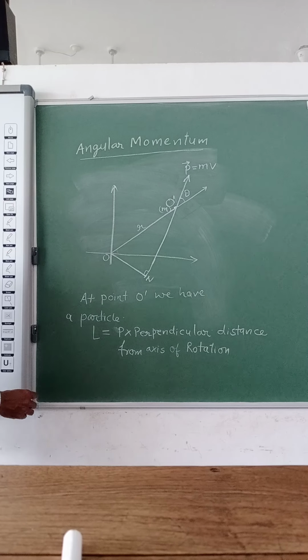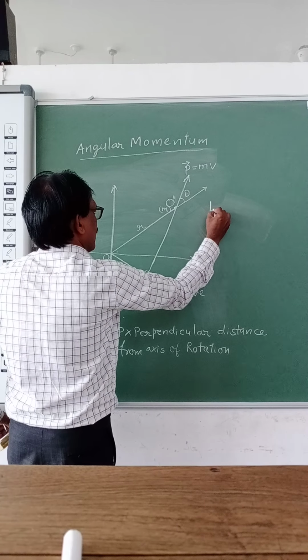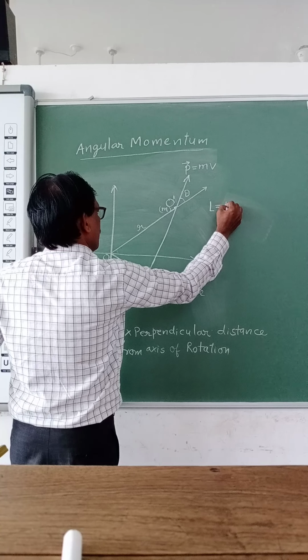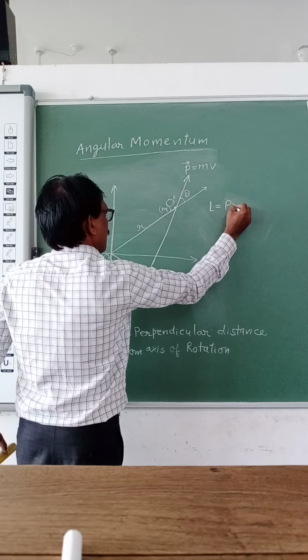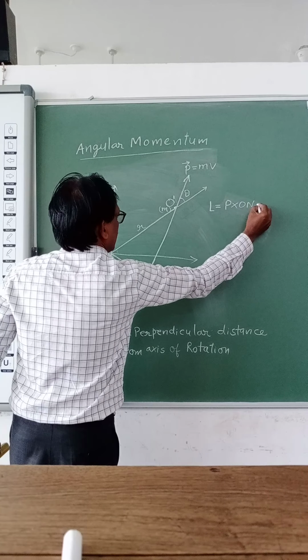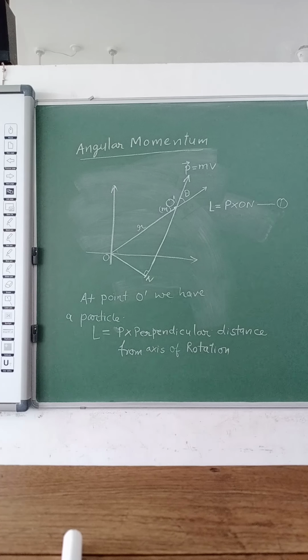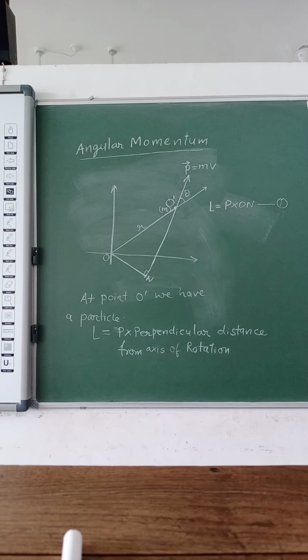So angular momentum will be given by L equal to P into ON. This is our equation number 1. Angular momentum L equals P, where P is the linear momentum vector, into ON.